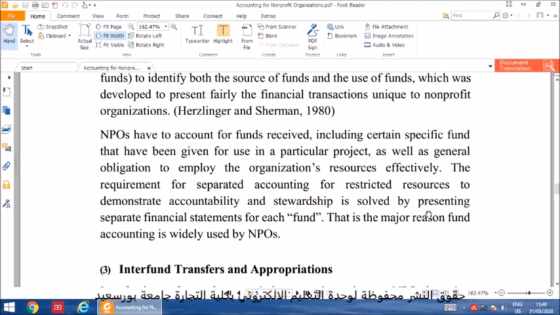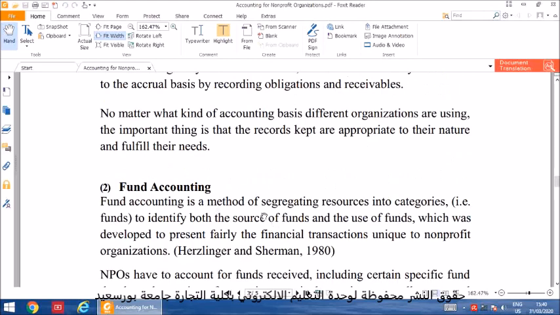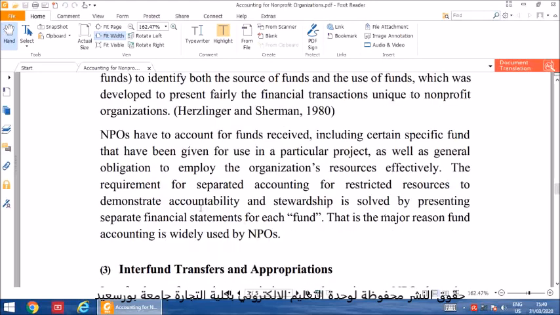We can present separate financial statements for each fund. That is the major reason why fund accounting is widely used by NPOs. So, this is the definition of fund accounting, and it is used widely by NPOs.